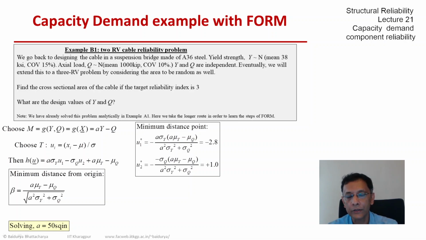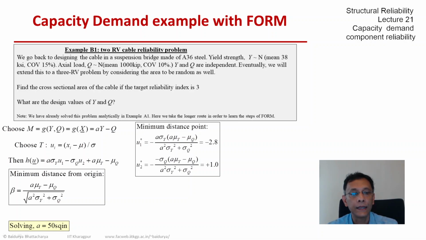Now with that answer, we can plug it back and get u1 star, the coordinate of the minimum distance point, is negative 2.8, and the coordinate of u2 star is plus 1. Now this itself is actually very helpful.